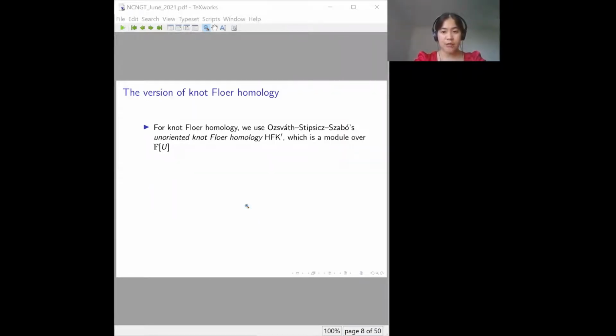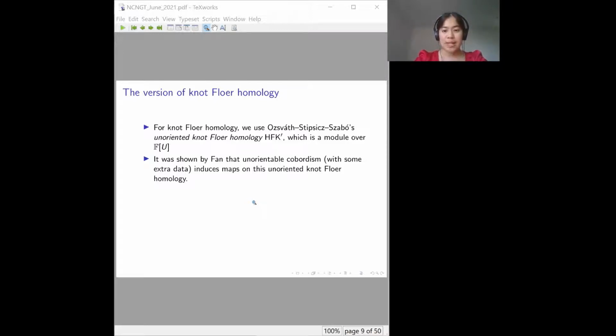The version of knot Floer homology we'll be using is Ozsváth, Stipsicz, and Szabó's unoriented knot Floer homology, HFK prime, which is a module over the polynomial ring F[U], where F is the field with two elements. It was shown by Haofei Fan that unorientable cobordisms, with a little bit of extra data that we'll discuss later, induce maps on this unoriented Floer homology.